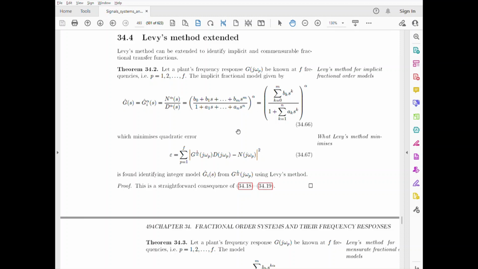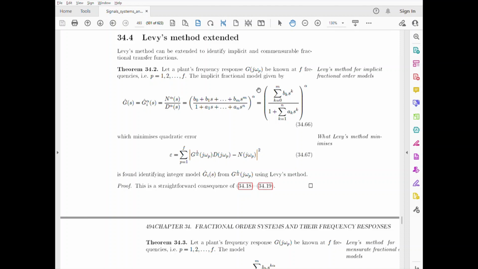All we have to do is to scale the frequency response that we want to identify by the inverse of alpha. So if alpha scales this frequency response down, we will scale our experimental response up.